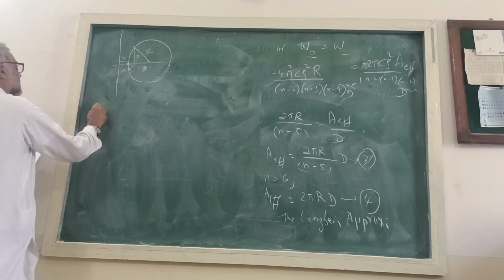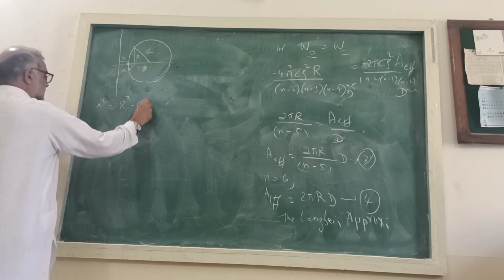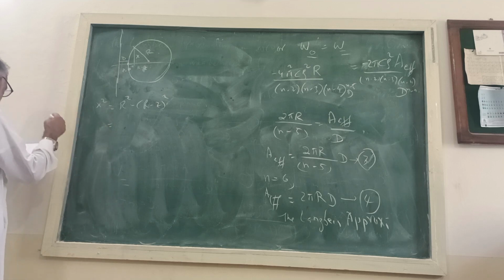x squared is equal to R squared minus (R minus z) whole squared, right?